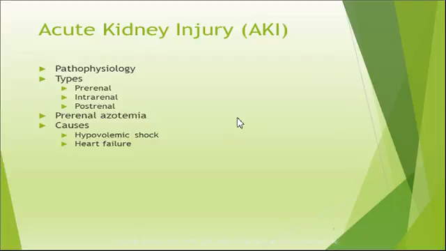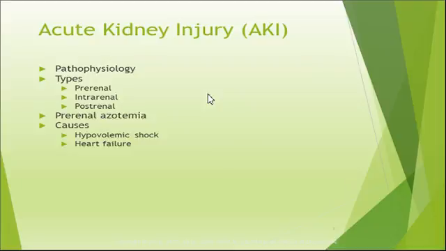Both types of kidney dysfunction, acute kidney injury and chronic kidney disease, can cause end-stage kidney disease, which of course reduces independence for the patient. It shortens the life and can significantly decrease their quality of life.